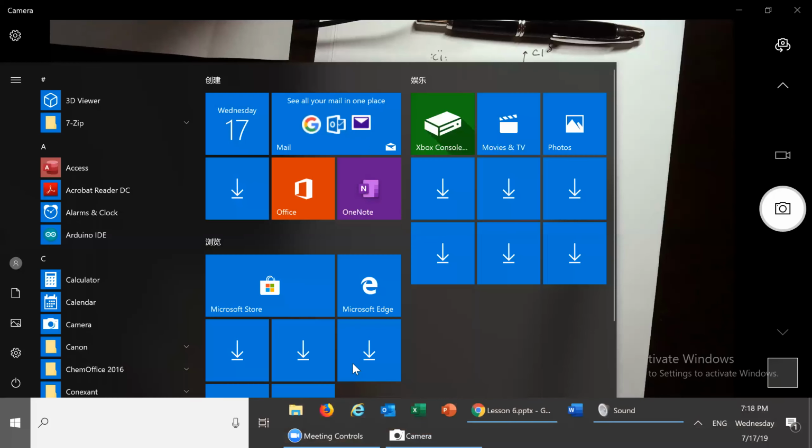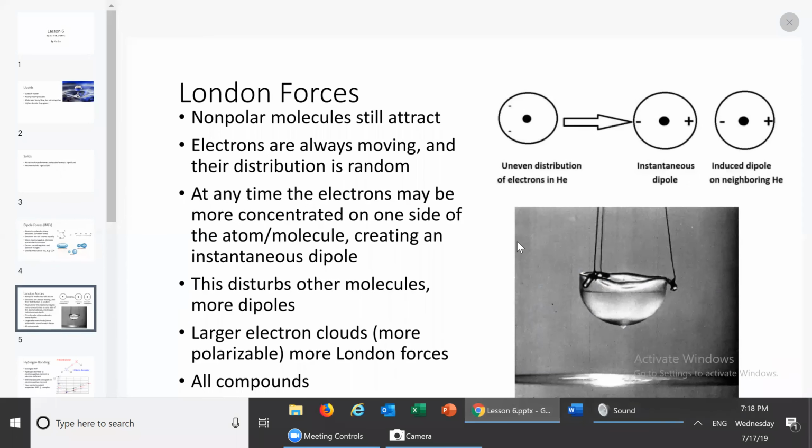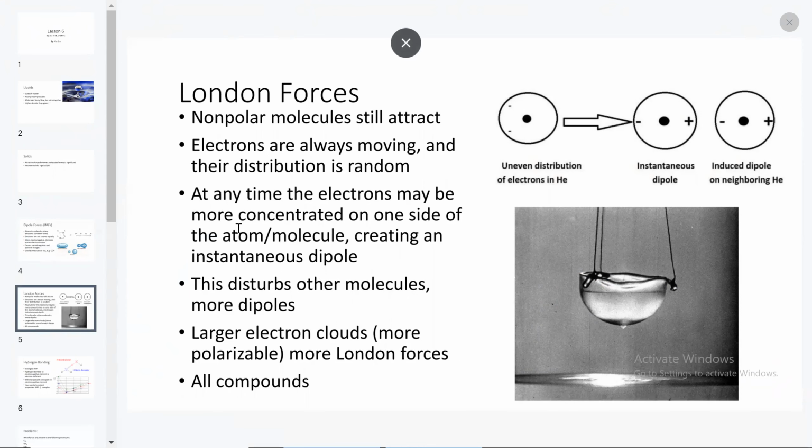Okay. Now I want to talk about London forces, because remember when we looked at CCl4, it didn't have a net dipole, and many other molecules also don't have dipoles. For example, carbon and hydrogen have very similar electronegativities.